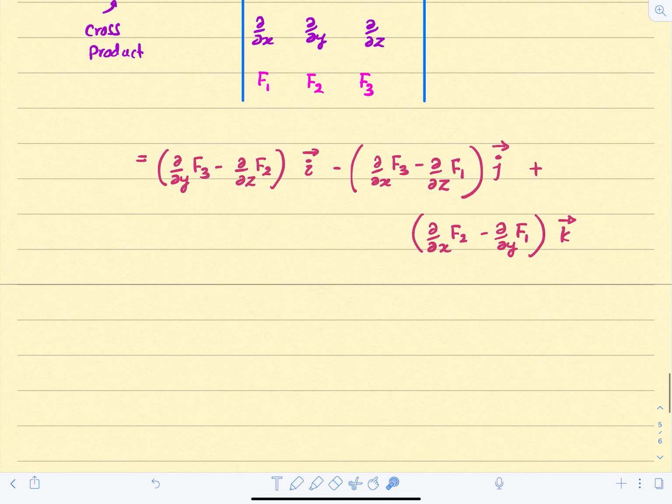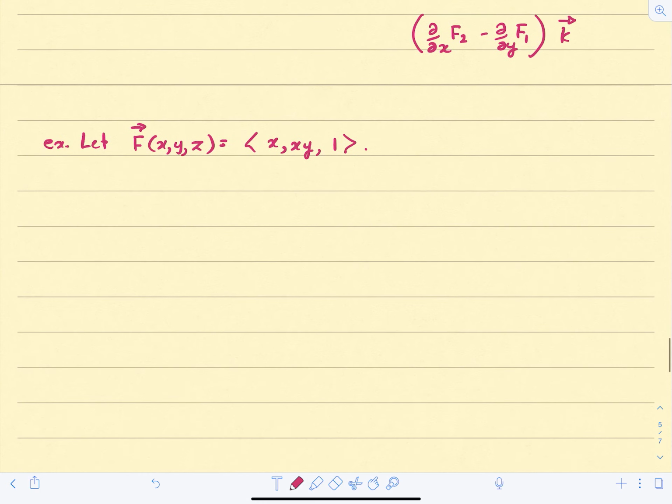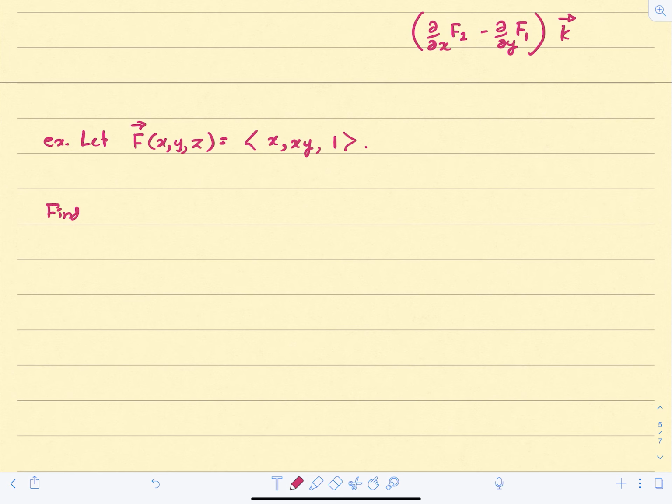Let's consider an example. Let's say we are given a vector field f that equals x, xy, 1. Let's find the curl of f. Grad cross f.